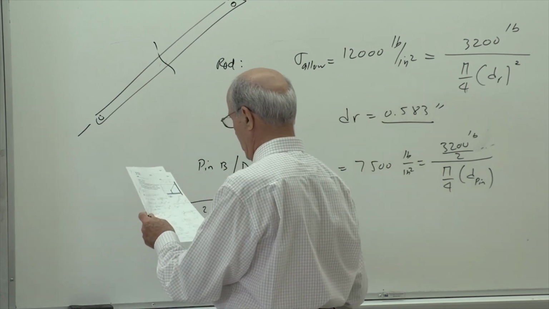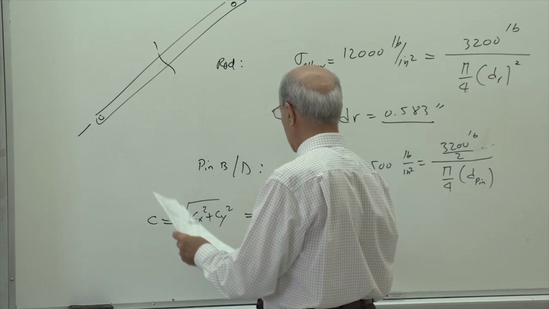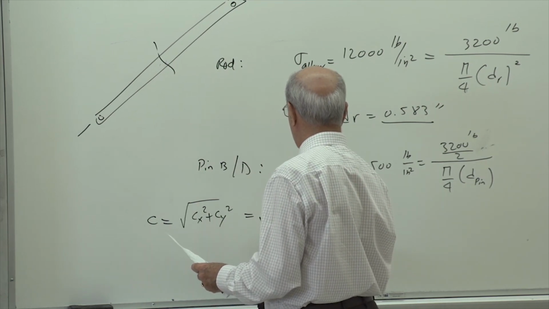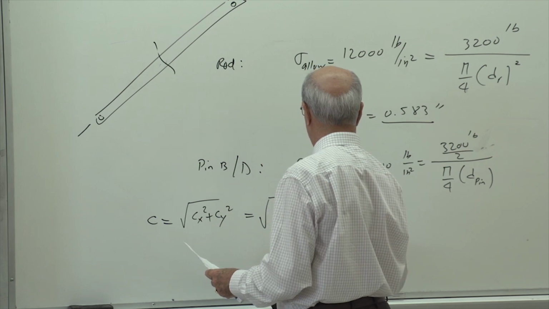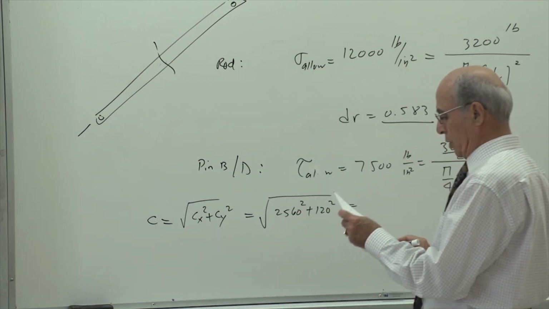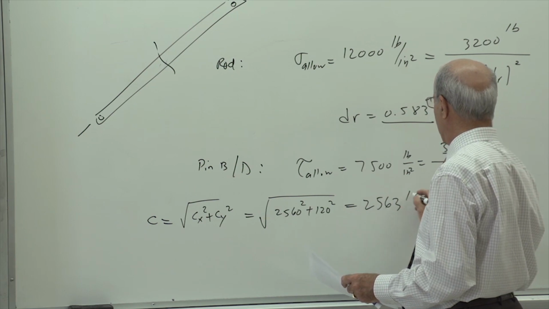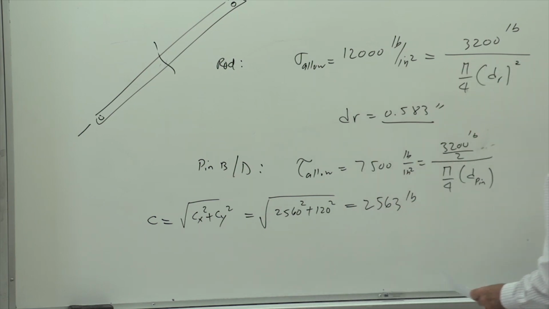So C becomes equal to, actually a little change because the minus goes away, 2,560 square plus 120 square. So you calculate that one, becomes 2,563 pound, and you use the same formula again.